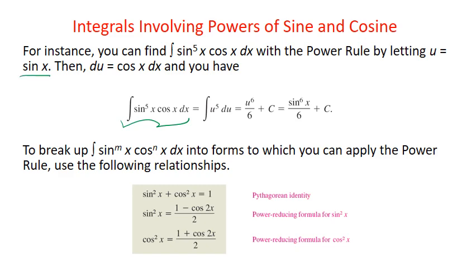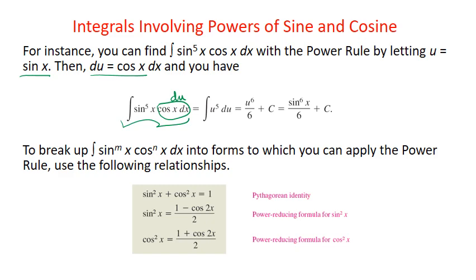If you let u equal sine of x, then du is cosine of x, which is in here. So you have u to the 5th, and then this is du. So this is quite easy to integrate.